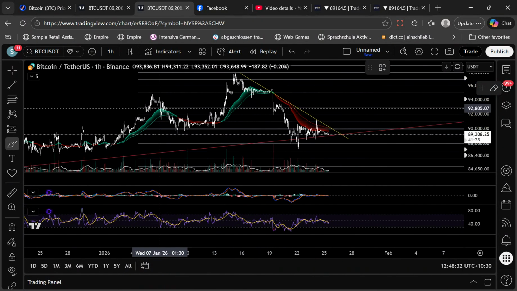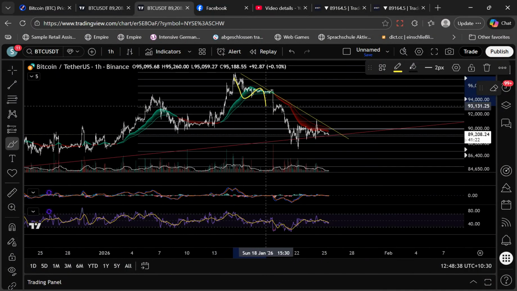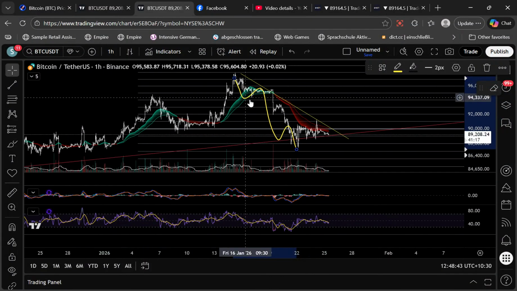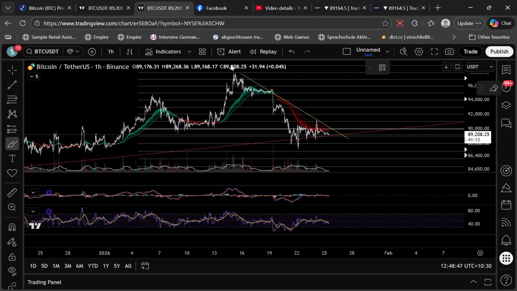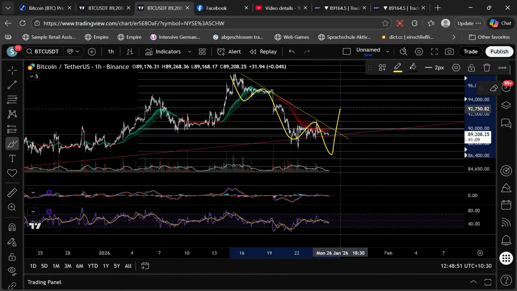If we look at an Elliott wave perspective, you could say that this is like a 1, 2, 3, 4, 5 maybe. Or maybe we could be in a fourth wave currently. So a 1, 2, 3, 4, 5 before getting a correction.